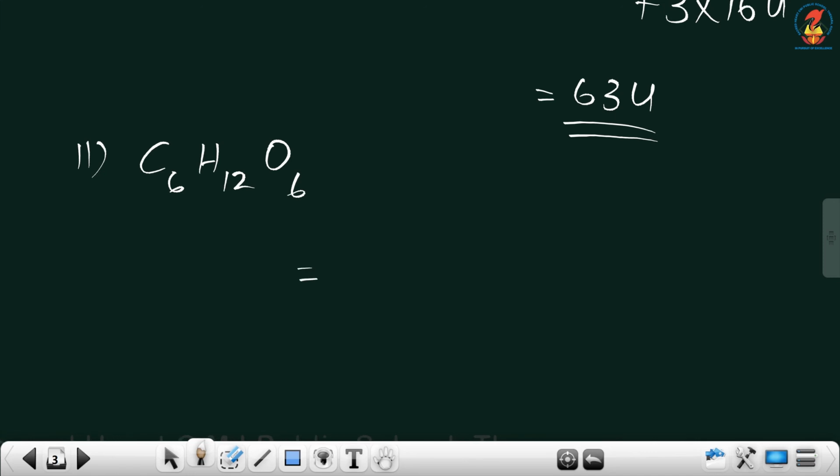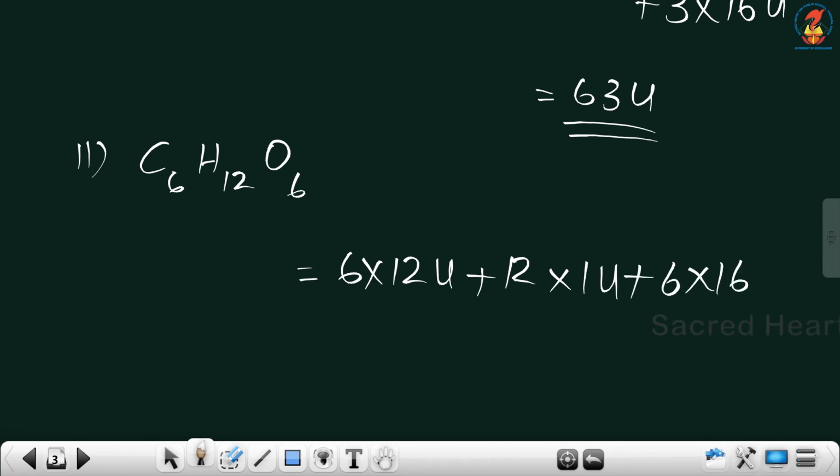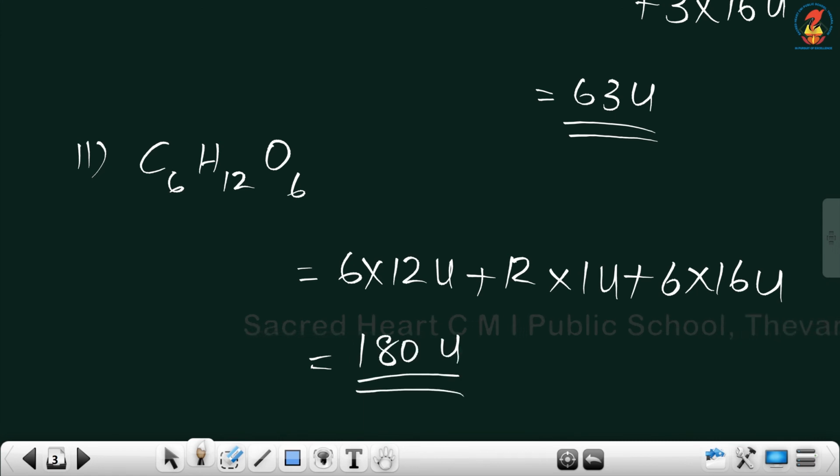So if you are calculating the molecular mass of glucose, 6 into 12U plus 12 into 1U plus again 6 into 16U. So altogether you will get 180U. That is the molecular mass of one molecule of glucose. Okay.